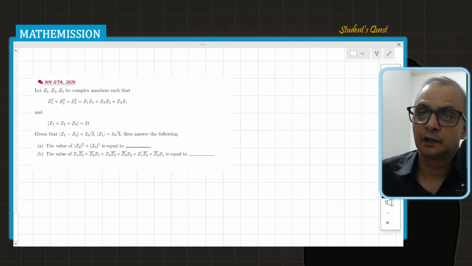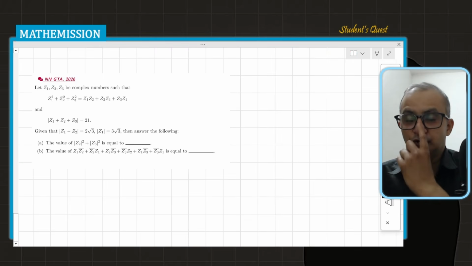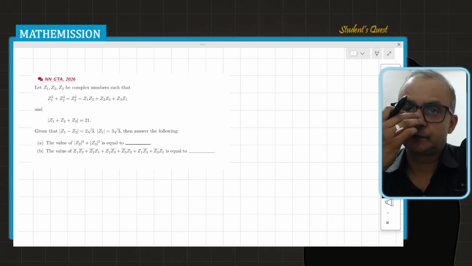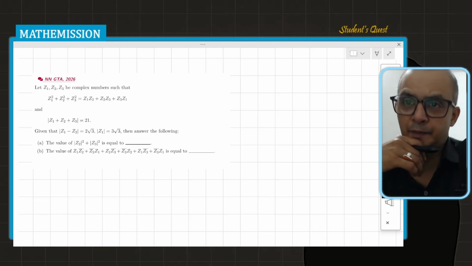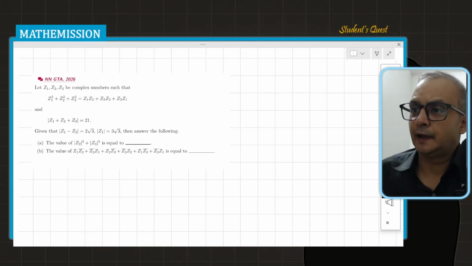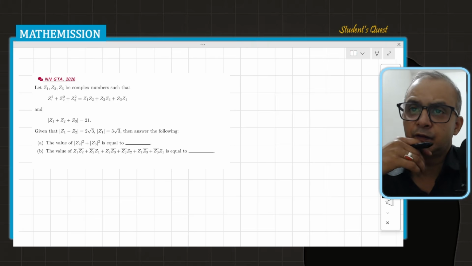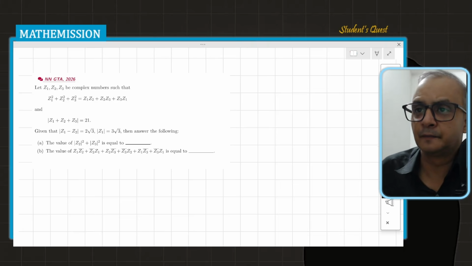Okay, now let's go to this question. This question is from complex numbers, and there is a property of an equilateral triangle.